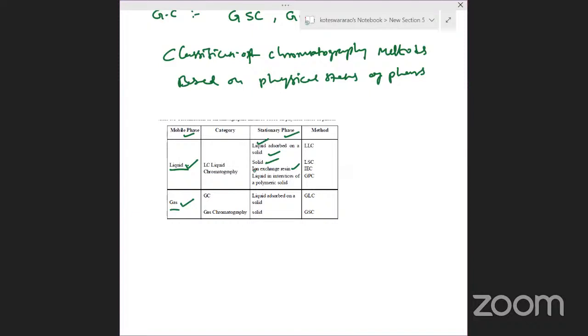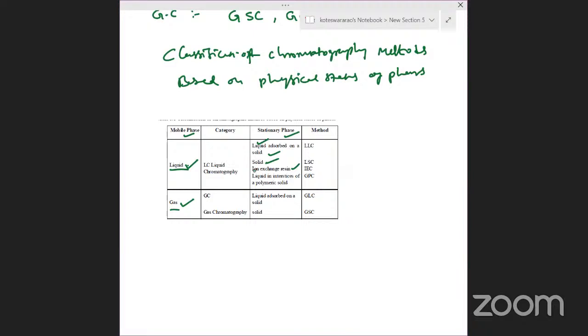Now coming to gas chromatography. Gas is the mobile phase, and the stationary phase is either a liquid adsorbed on a solid, or simply a solid. In the first case, the liquid is the stationary phase and gas is the mobile phase, which is called GLC, gas liquid chromatography.